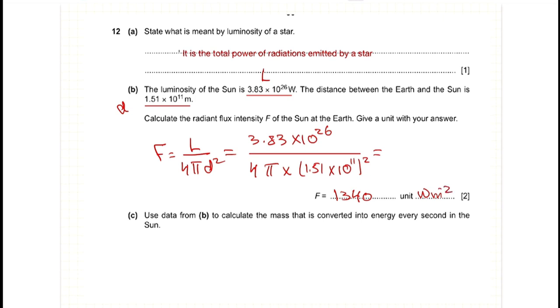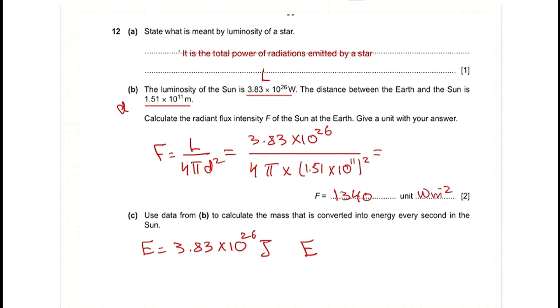Next it says: use the data from B to calculate the mass that is converted into energy every second. The power is given as 3.83 times 10 to the power of 26, which means that energy per second is the same number. So E is equal to 3.83 times 10 to the power of 26, but it is joules now.